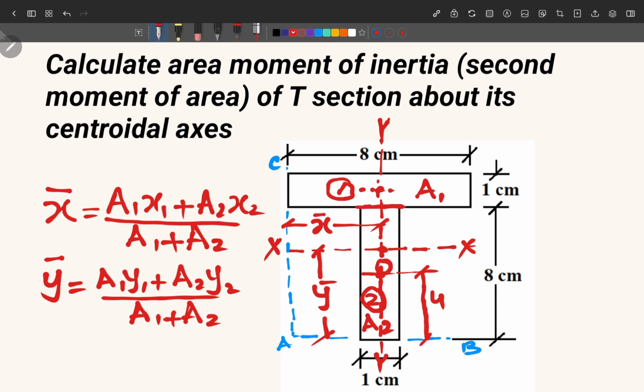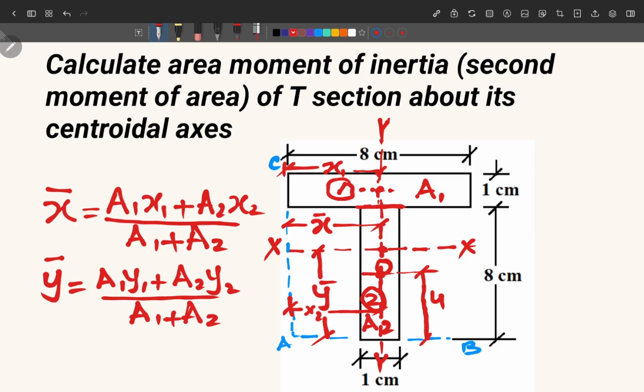These are the positions of each of these individual areas. So this is your x1 value. Similarly, x2 value will be taken as this one. This is x2 value, the distance of centroid of area A2 from this vertical reference line.